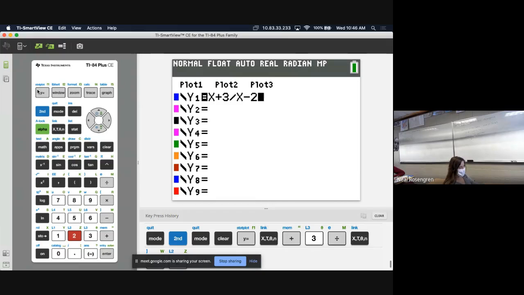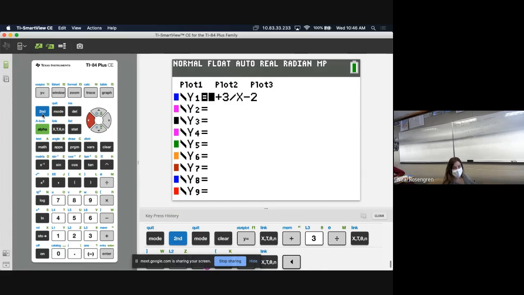You can go back and clear it and just type in your parentheses, or I don't know if I've said this to you before, but if you make a mistake and you don't want to make everything disappear, and you just want to insert something, like right now, if I just type parentheses, it replaces the x, and that's no good. I want to slide all of this over and put a parentheses there. I want to insert, so second delete.